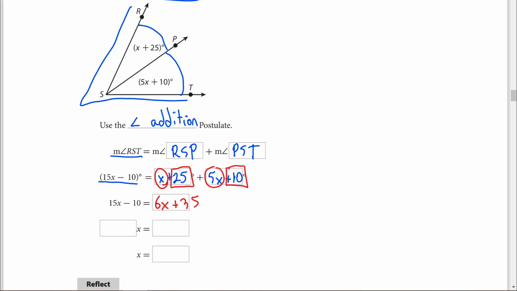And I start simplifying. The book skips a step here, so I'm going to go ahead and do it over here. I'm going to subtract the 6x. Again, I move the smaller one. 15 minus 6 is 9. So I've got 9x minus 10 equals 35 is what I have left over there.